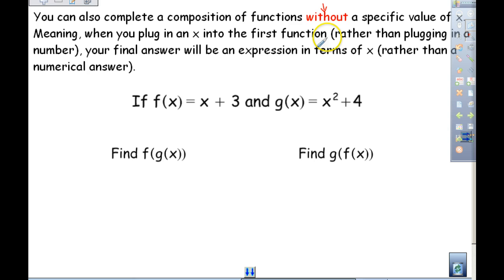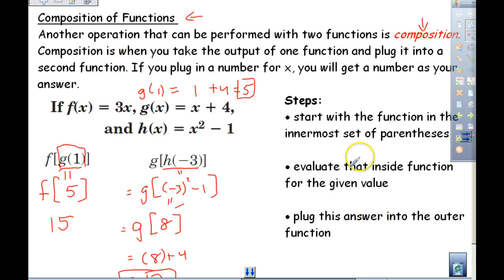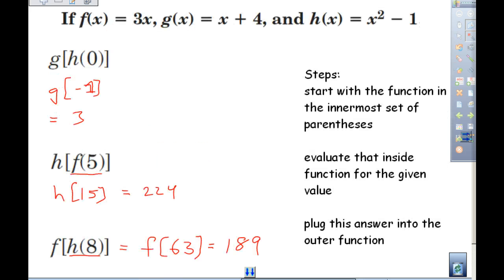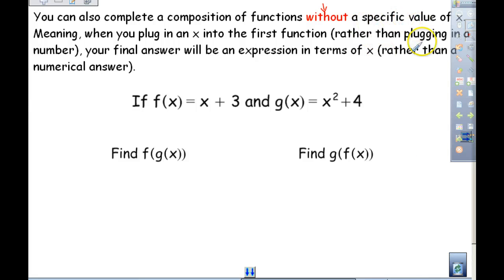So there's two parts here with the composition of functions. There was the one with a number, where you have a number, plug it into a function, but there's also one without a specific value of x. So we're not actually plugging in g of 5, h of anything.